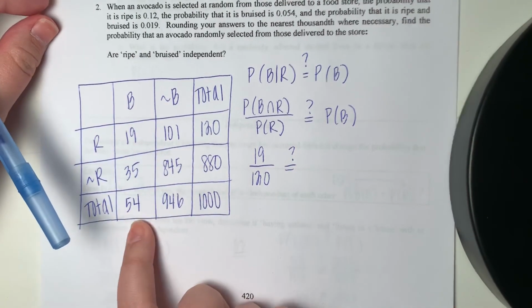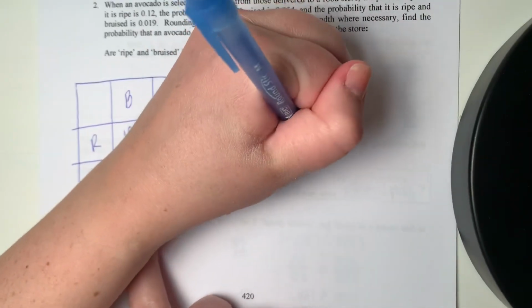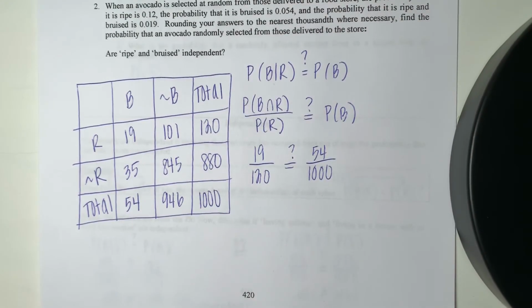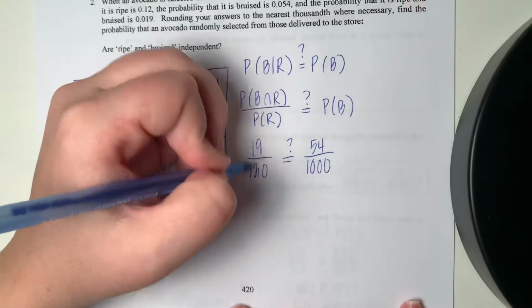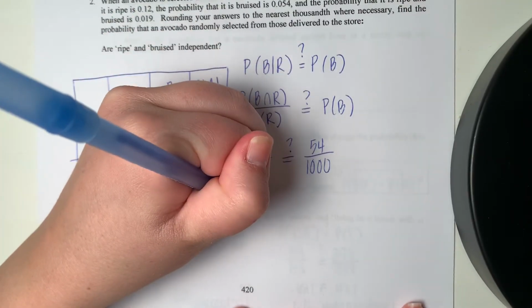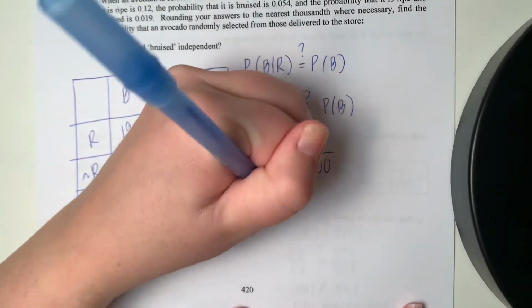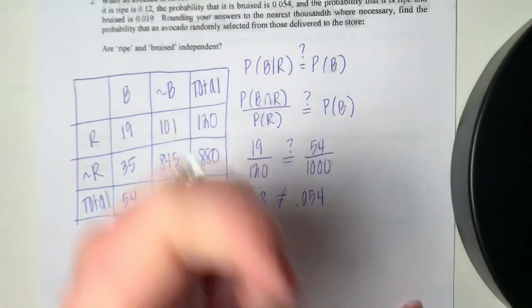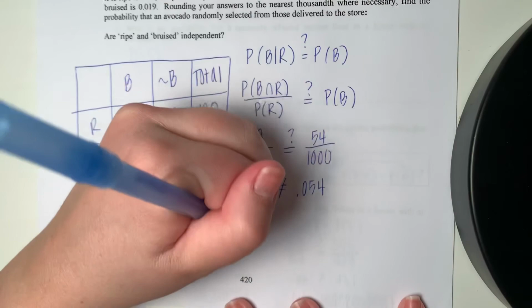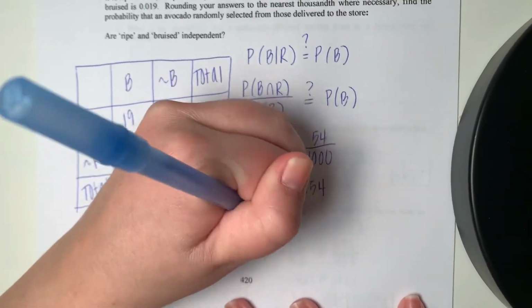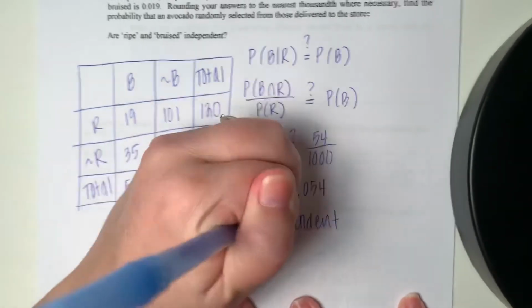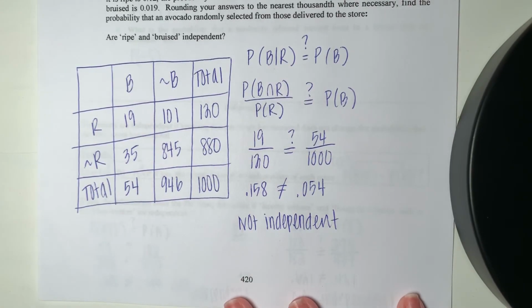Well, that is 54 out of a total of 1,000. And this is going to give us 0.158. Again, in this case, is not equal to 0.054. And this means that these events are not independent. Okay.